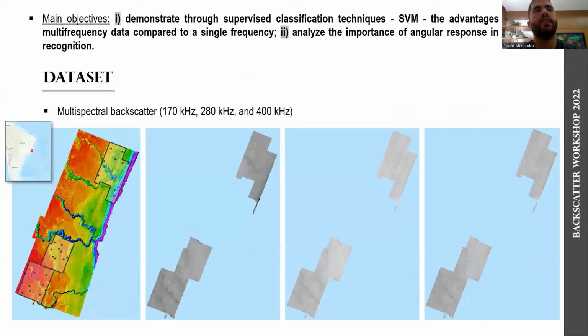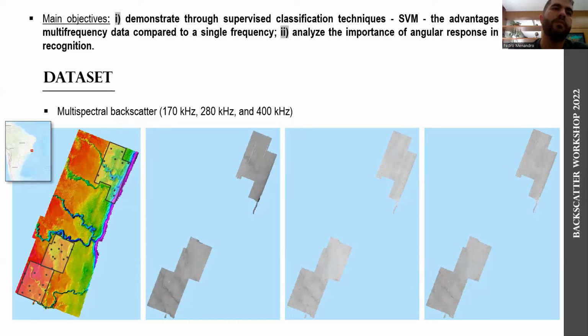So the main objectives of this rhodolith mapping are to demonstrate, through supervised classification techniques, the support vector machine, the advantages of multi-frequency data compared to a single frequency, and also to analyze the importance of the angular response parameters in rhodolith recognition. So the data set is shown here on the left.